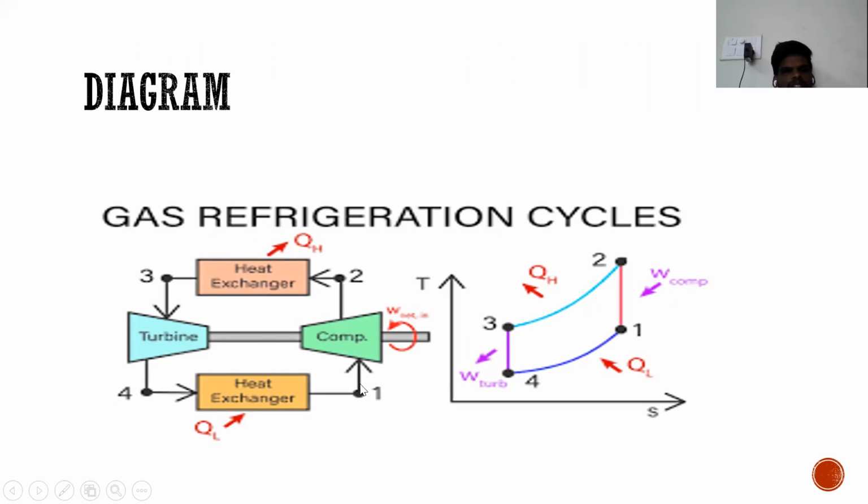From the compressor it goes directly to the heat exchanger, and from the heat exchanger it enters the turbine, and then again the heat exchanger. This is the cycle that occurs in the refrigeration cycle. Here we can see q in and q out, and work in and work out. When we give shaft work or a motor to run the compressor, the turbine shaft will be rotated.